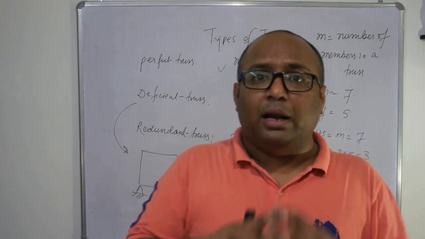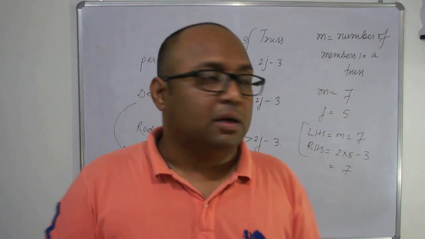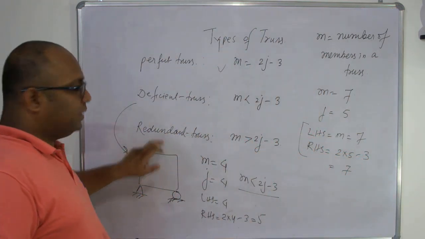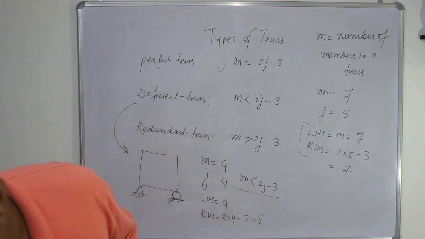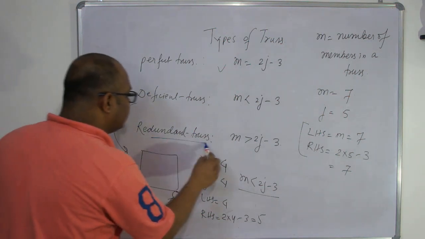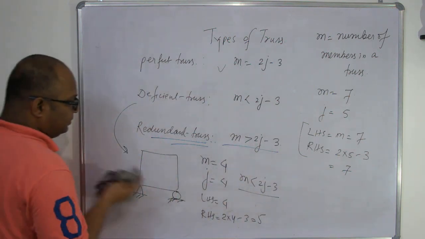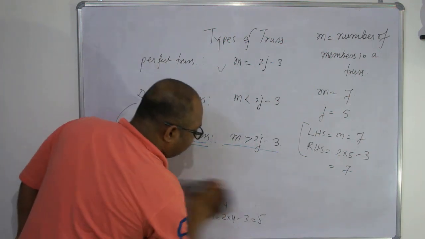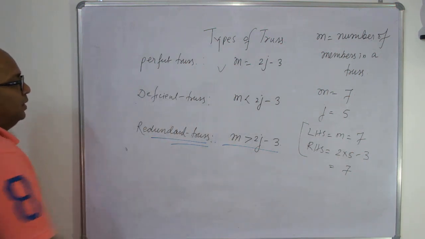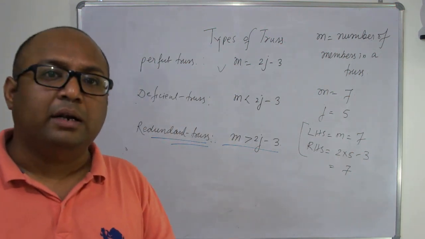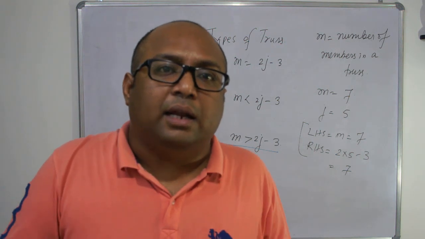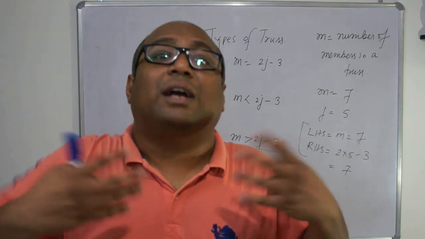Now let us look into the third case, and the third case is redundant truss. What happens in case of a redundant truss? Technically, it is over constrained.